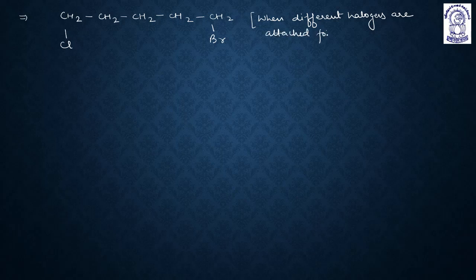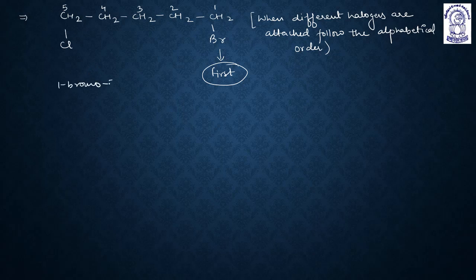According to alphabetical order, Br will come first, because B comes before C alphabetically. So the numbering will start from here: 1, 2, 3, 4, and 5. So it will be 1-bromo-5-chloropentane.